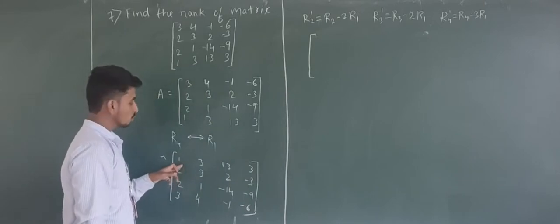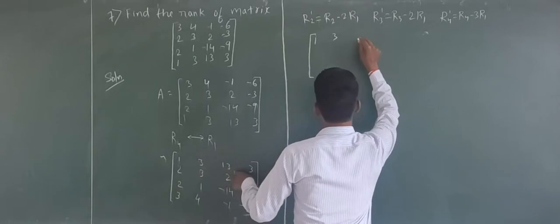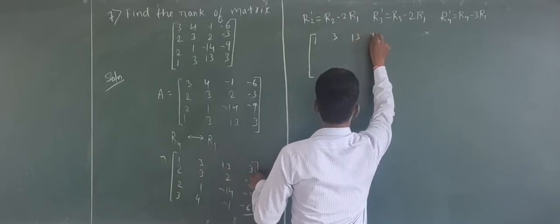We are not changing the first row, so we write it as it is: 1, 3, 13, 3.